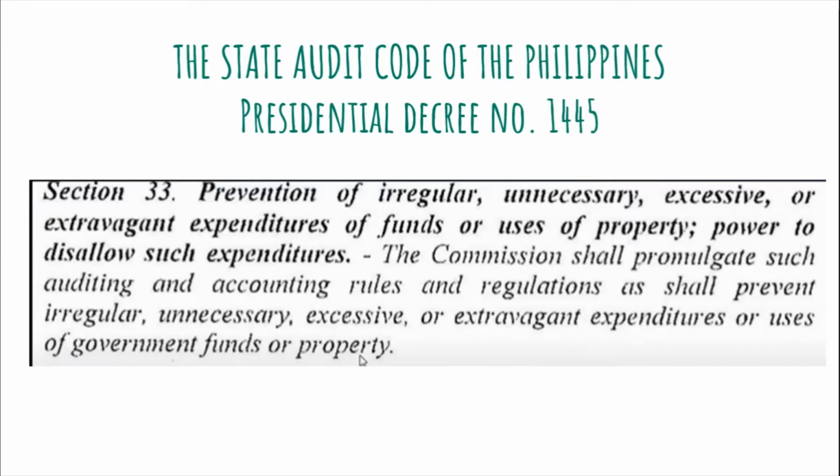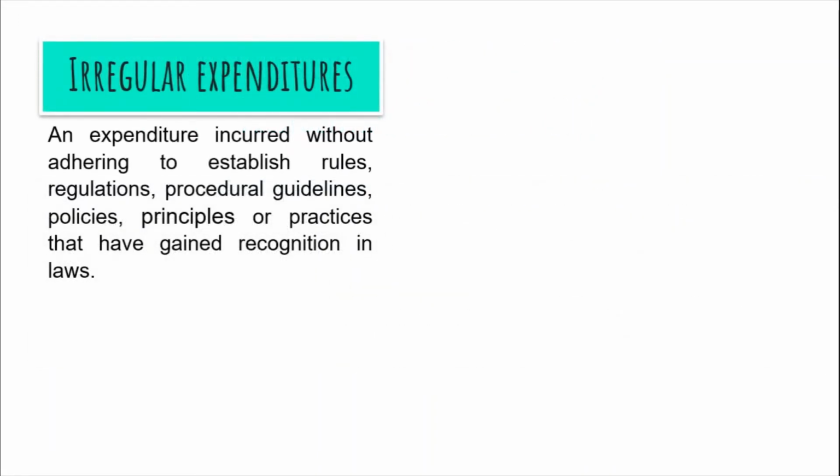So ano po ba itong irregular, unnecessary, excessive, or extravagant expenditures na ito na tinutukoy sa PD number 1445? So let us explain. So irregular expenditures, these are the expenditure incurred without adhering to established rules, regulations, procedural guidelines, policies, principles or practices that have gained recognition in laws.